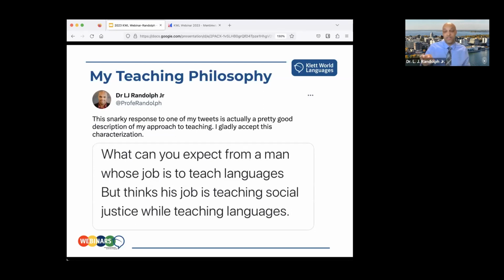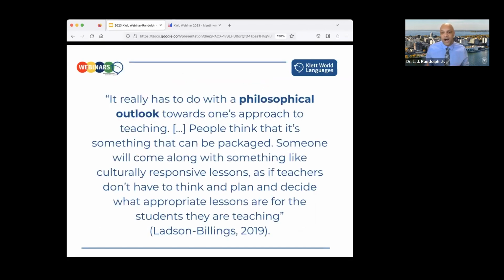As I mentioned earlier in the outline, we will look at some specific examples, but before we do that, we'll talk about some foundational understandings. And the reason why is because of what Gloria Ladson-Billings says when she talks about culturally relevant pedagogies. She says it really has to do with the philosophical outlook towards one's approach to teaching.